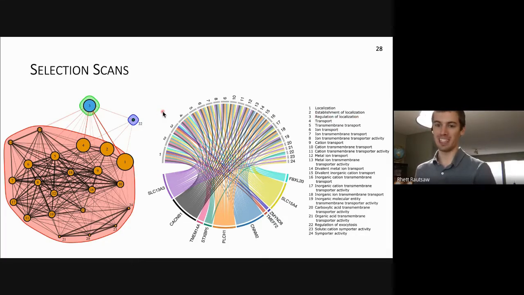I don't even know what that means, but it's not ion transport. And then 22 down here, this has to do with exocytosis. So that's not an ion transport related function either. But they also popped up as significantly enriched. It just happens that most of the gene ontology terms, this is just how the results turned out, are related to ion transport.